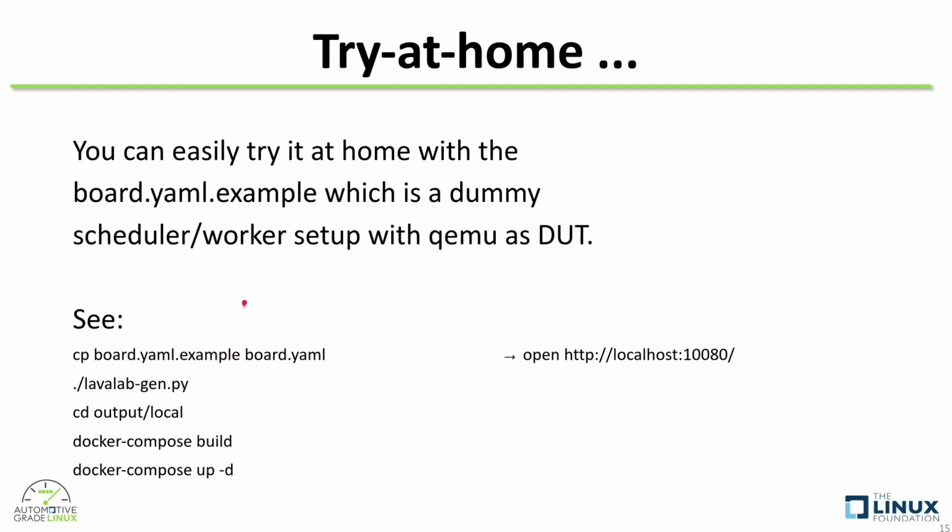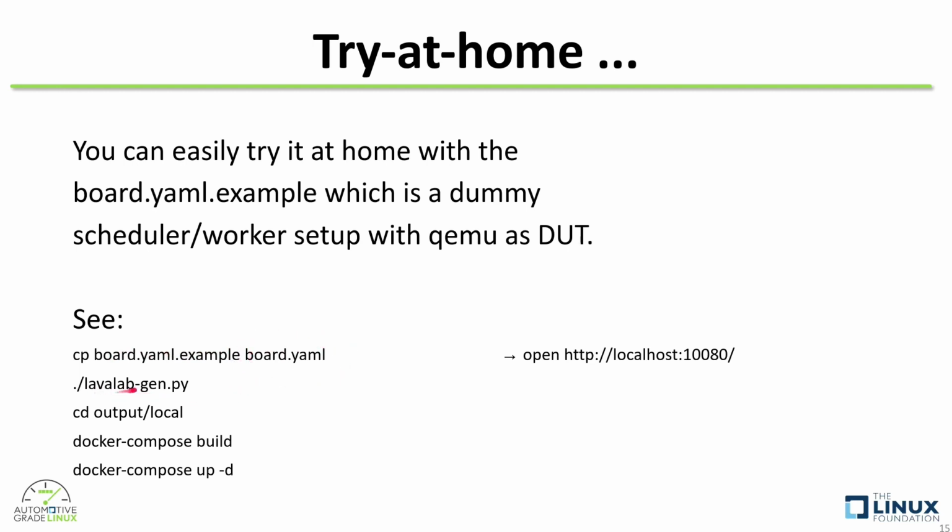Now, if you want to try this at home on your PC, you can easily just check out the sample project, which comes as part of the Git repo. You actually do not have to copy the example down. There is a board YAML already.